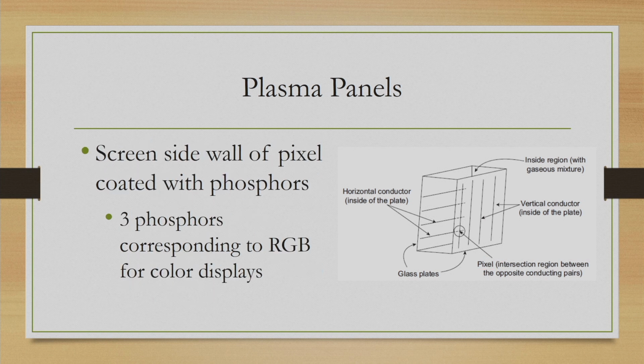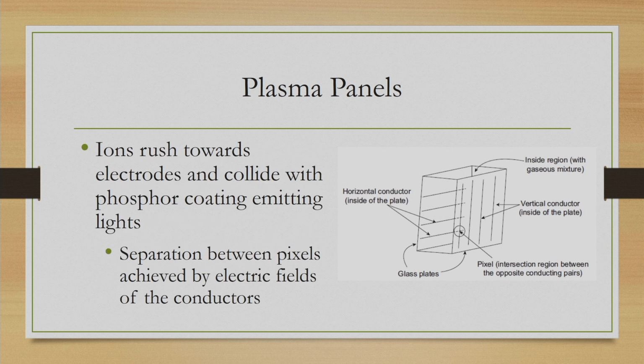Now, the screen side wall of the pixel is coated with phosphors. For RGB or colored displays, we have 3 phosphors corresponding to RGB values. Now, what happens?